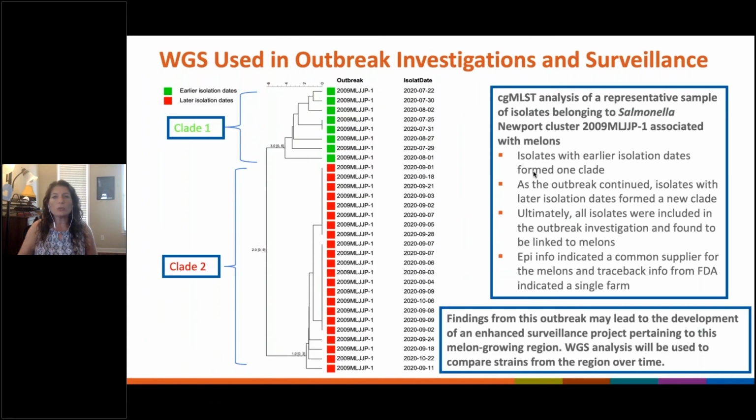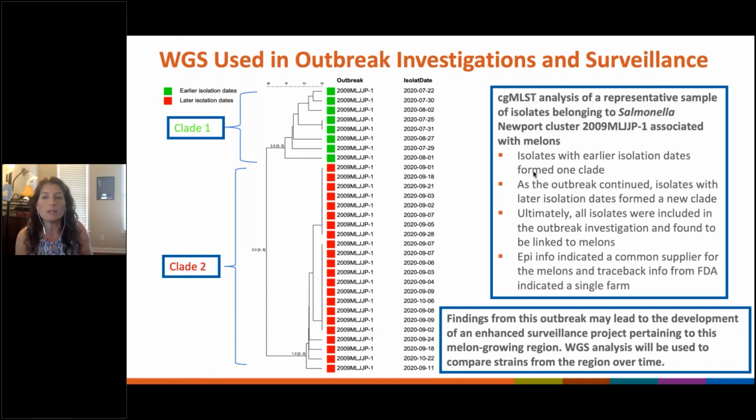This just shows where WGS was used in an outbreak investigation of Salmonella Newport that ended up being associated with melons. The isolates with the earlier isolation dates formed one clade, and then as we got more and more, we noticed that another separate clade was forming.